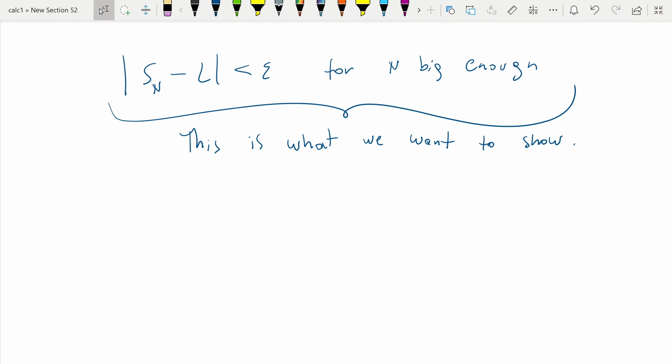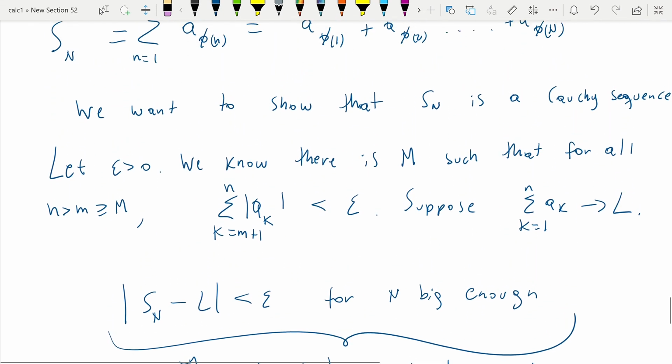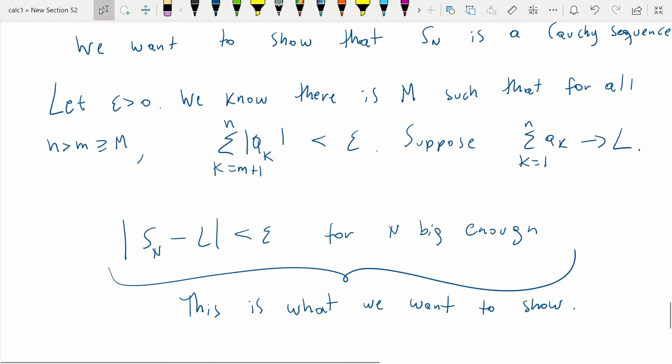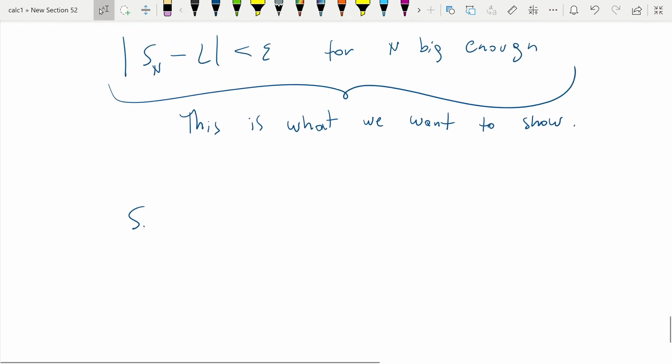And how do we do this? Well, let's notice that, as I said, we're going to take advantage of the Cauchy criterion for the series of the absolute values of the a_k's.